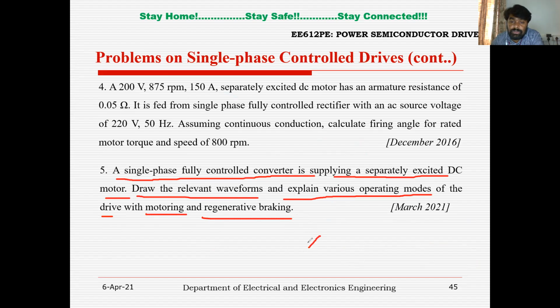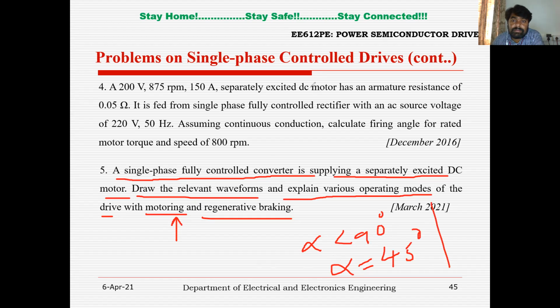As I told you, in case of a fully controlled converter, when alpha is less than 90 degrees, the machine will behave like a motor. So try to draw the average output voltage waveform, output current waveform, input current waveform, considering alpha less than 90 degrees, let us say 45 degrees, right?